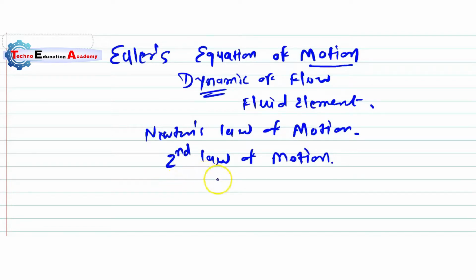In the second law, Newton said that F is equal to ma. Here F is the number of forces which can apply on any fluid element, m is the mass of the fluid, and a is the acceleration. Acceleration means change in velocity with respect to time. Consider this as an important step.